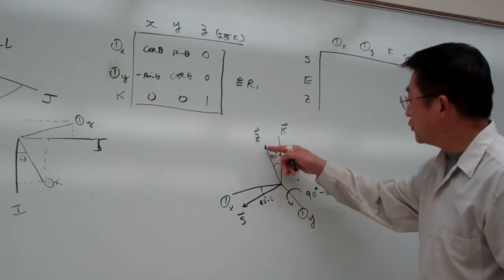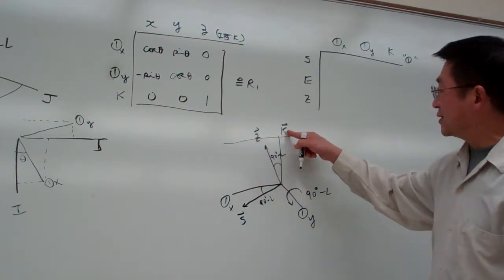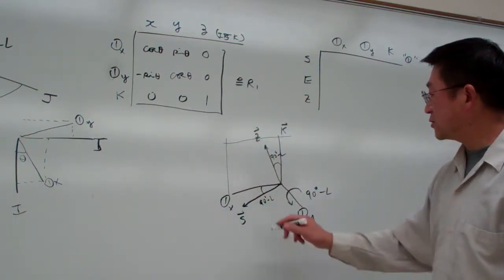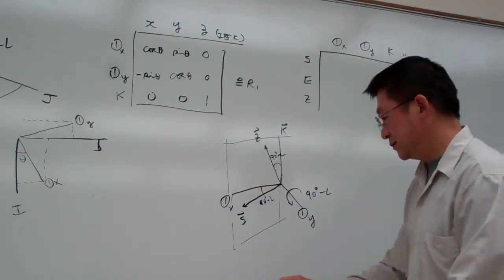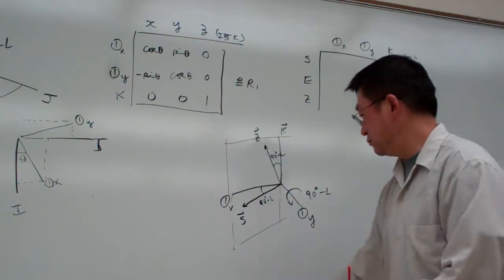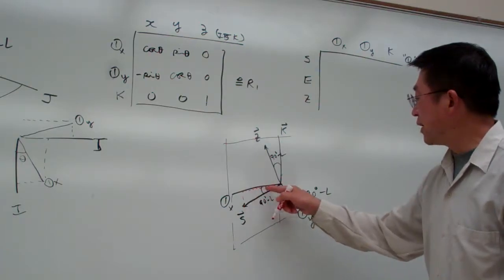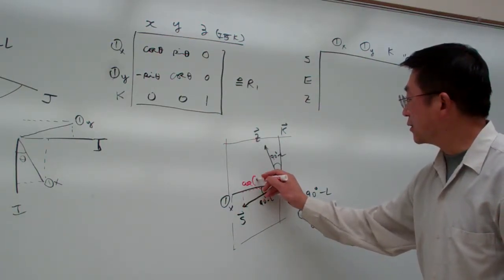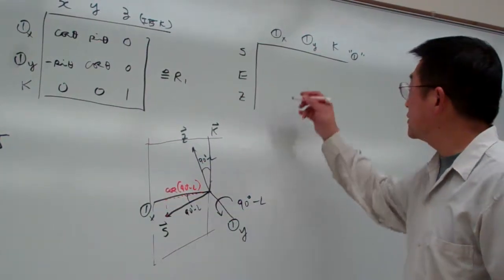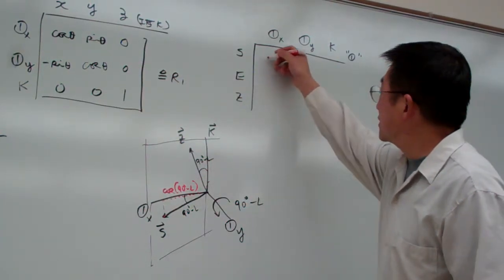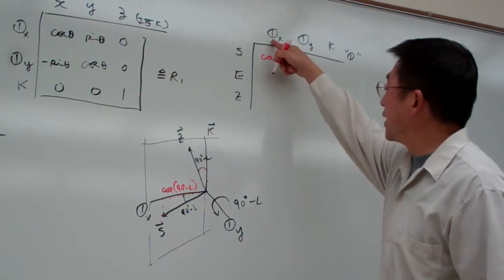So here the two vectors are expressed in this plane, in the plane spanned by k and the I axis. Okay, so from here we can project. This amount is cosine of 90 degrees minus L, and that is in the positive I direction.